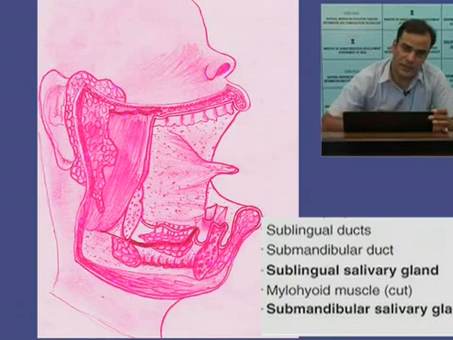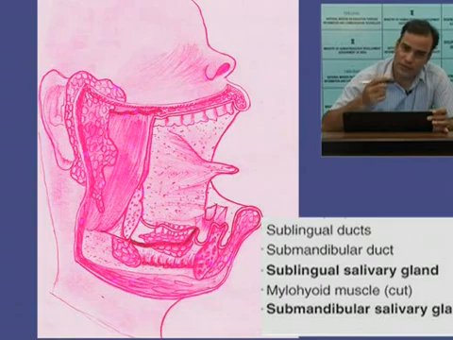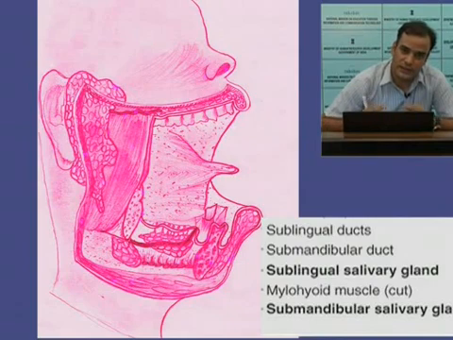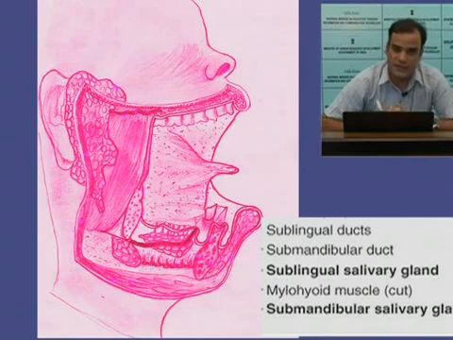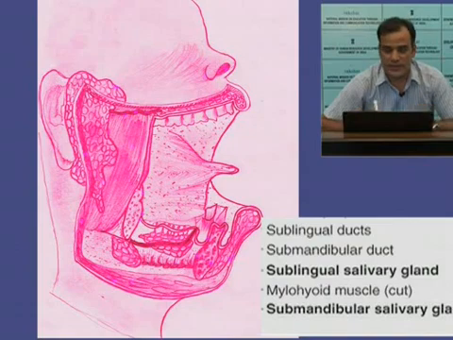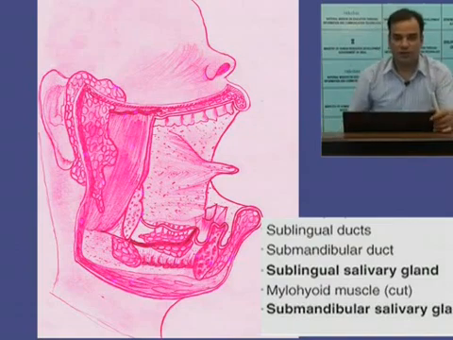If you have ever seen your tongue in a mirror, if you roll it upside, you can see a small thread or a tie-like structure holding the tongue. This is called the frenulum of the tongue. On both sides of the frenulum, you can sometimes see the saliva coming out of it. It's because the ducts of the submaxillary gland are located on both sides of the frenulum of the tongue.